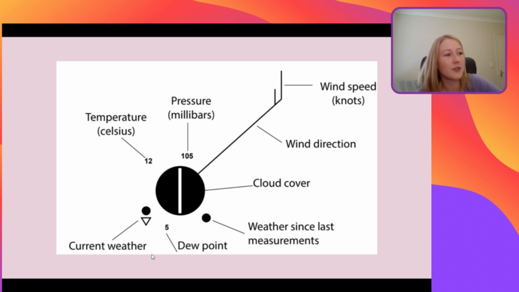Bearing in mind, this won't necessarily be the temperature at the ground. So this might be the temperature we experience, that 12 degrees. But it doesn't have to be 5 degrees by us for there to be rain. And the reason for this is because the rain, the condensation, doesn't happen on the ground.